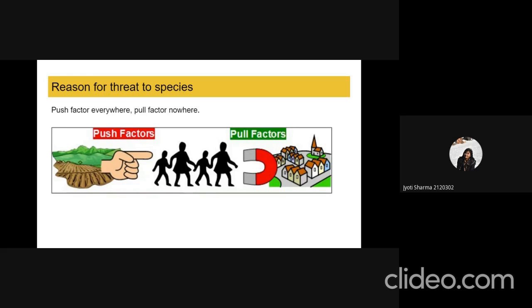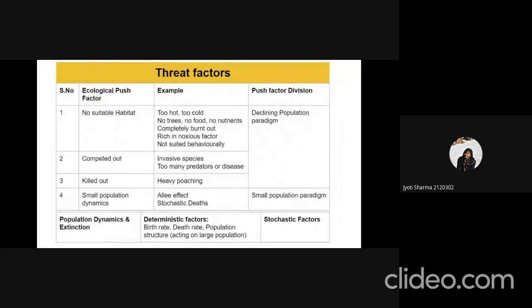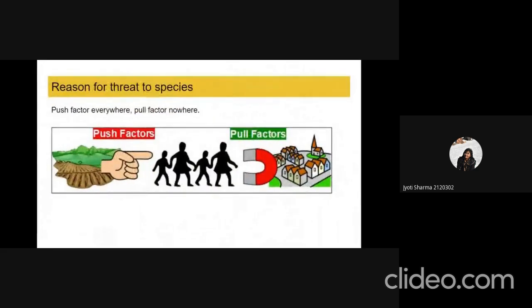Okay, so let's talk about this push factor. And yes, there is a line: push factor everywhere and pull factor nowhere. Like, we human beings or the climatic conditions are creating a situation in which there is push factor everywhere and pull factor nowhere.